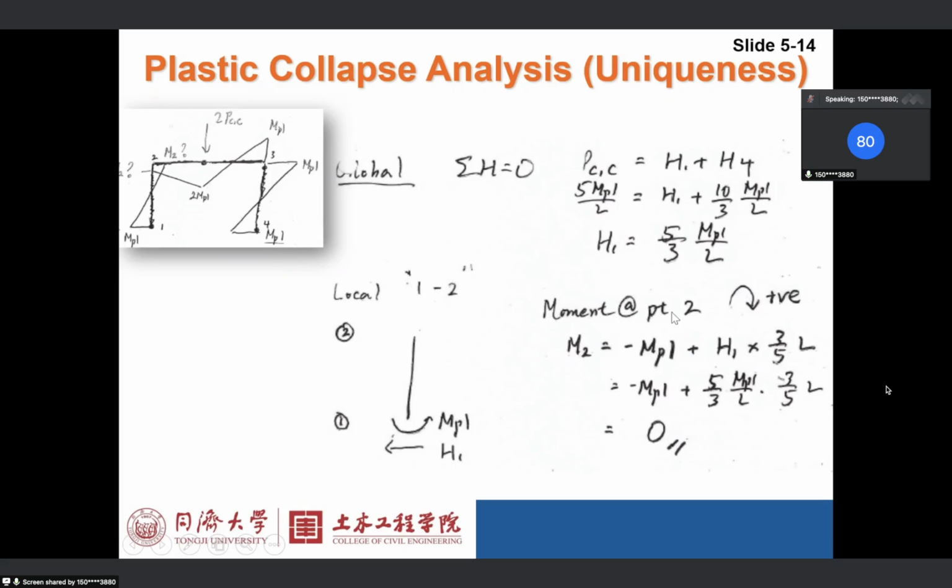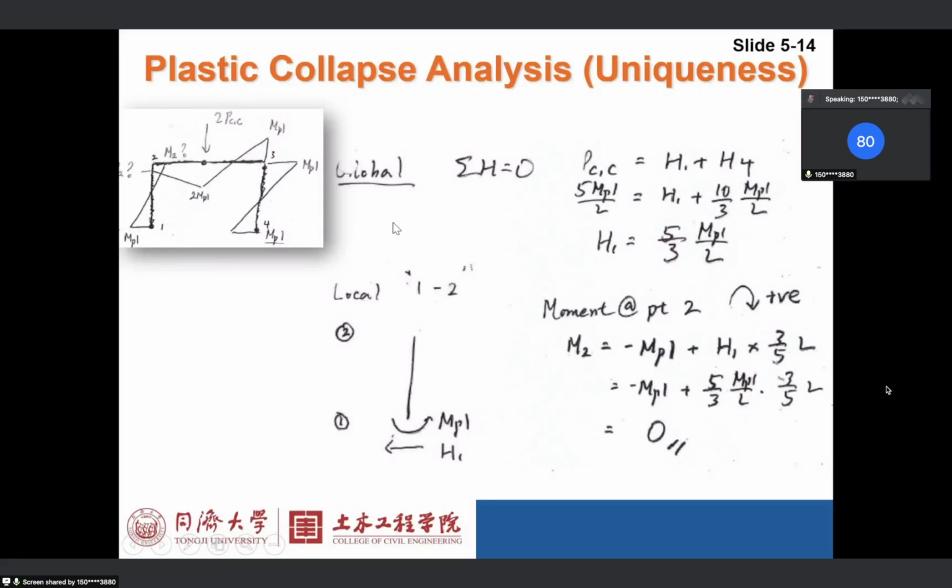So you can take moments at point 2, and you will get M2, which should be balanced by H1 times 0.6L, this is clockwise, minus the anti-clockwise moment MPL. So you will get your answer 0. Okay, this is the final answer.